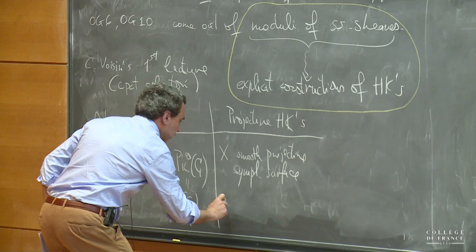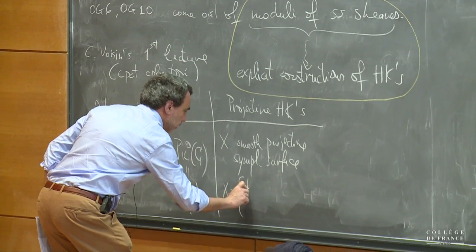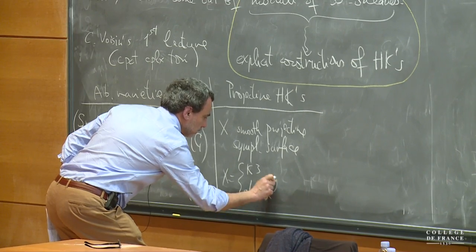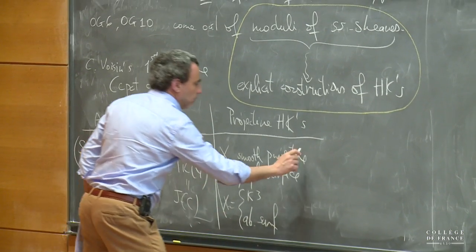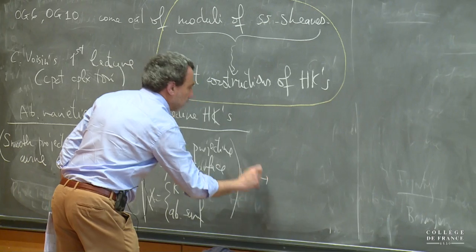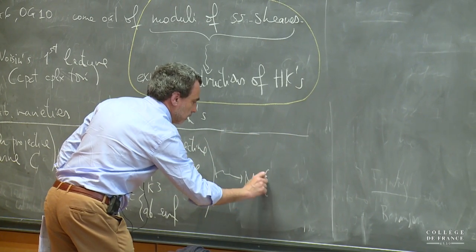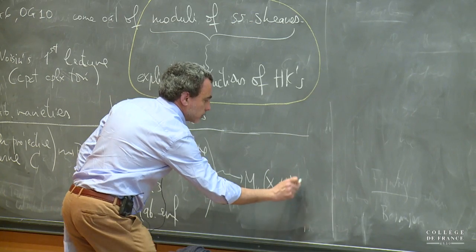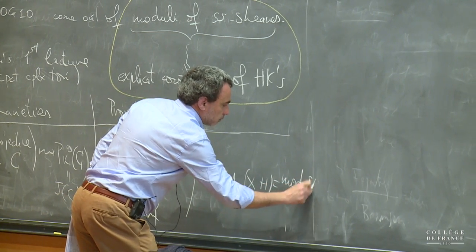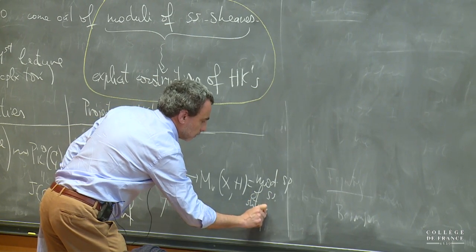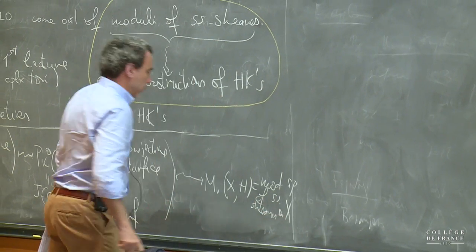So that means that X is either a K3, a projective K3, or an abelian surface. And you consider a certain, I'll explain the notation later, moduli space of semi-stable sheaves on X.